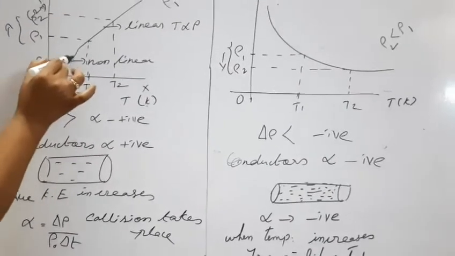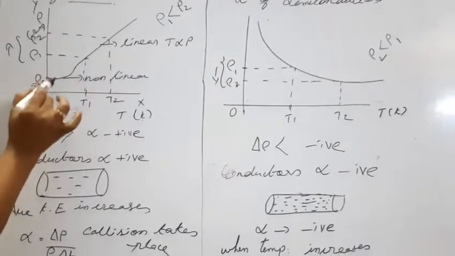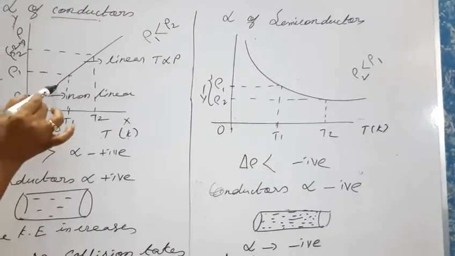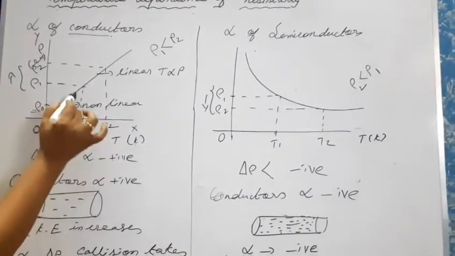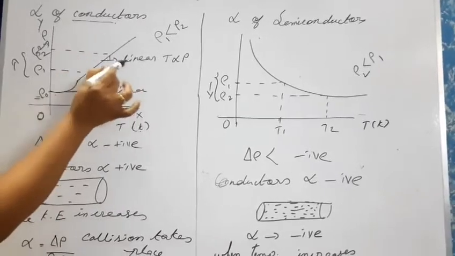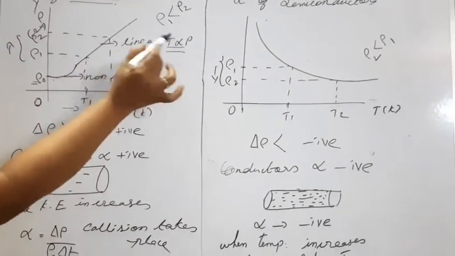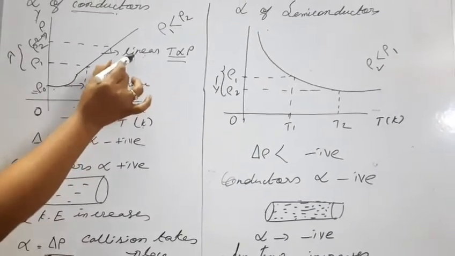So it is increasing in a non-linear motion. Non-linear means it is not a straight line, it looks like a curve. And afterwards, when we increase the temperature, a straight line comes. A straight line means the T value and rho value are directly proportional. So this is known as the linear motion.